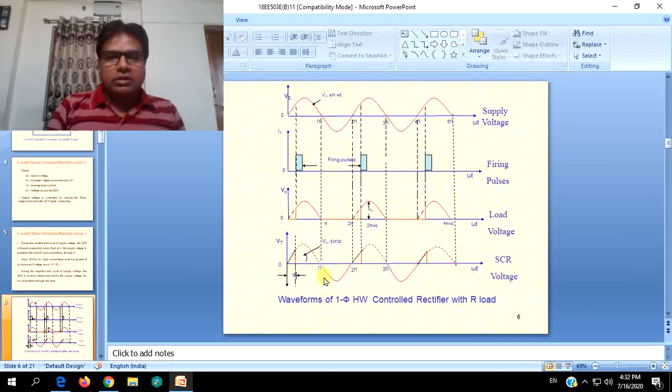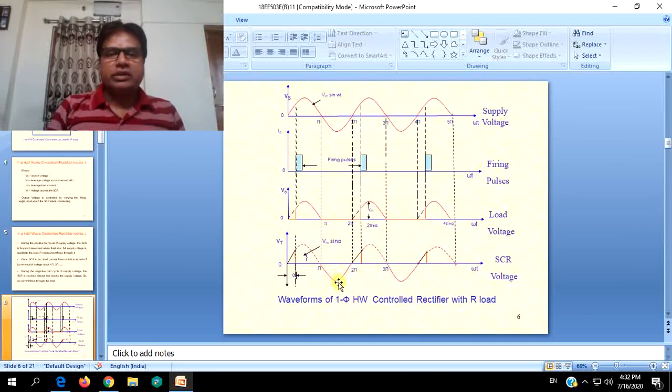Now the voltage across the SCR, as shown with this red curve, will be nothing but the source voltage from pi to 2 pi, totally blocking the reverse voltage, that is, reverse blocking mode.